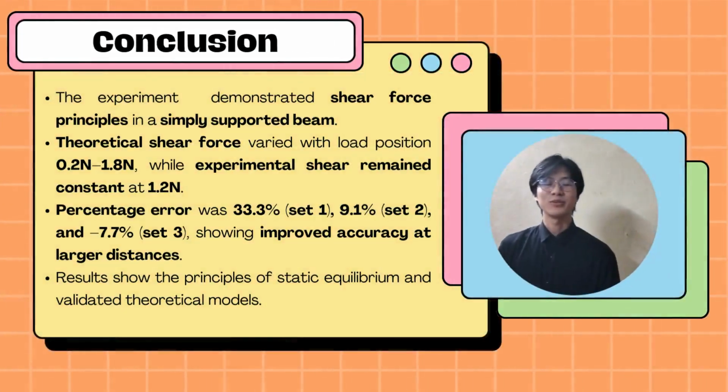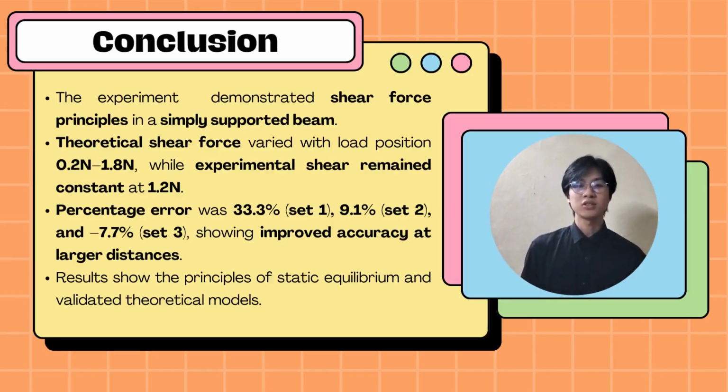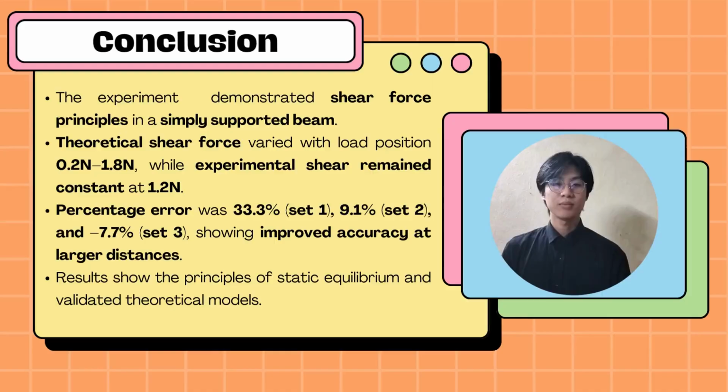In conclusion, the experiment showed the principle of shear force in a simply supported beam. The results show that the shear force is between 0.2 to 1.8 newtons depending on the load position.